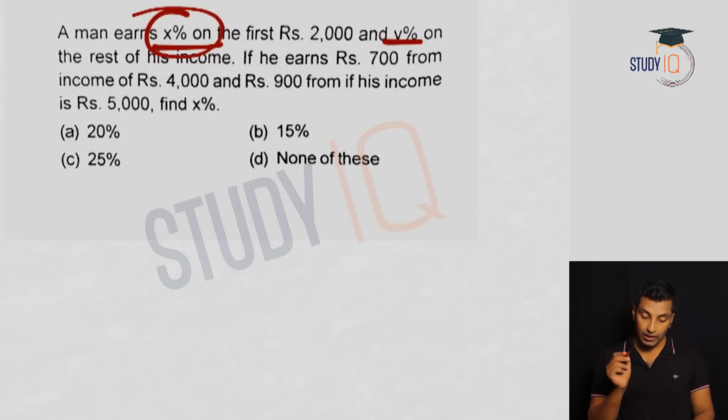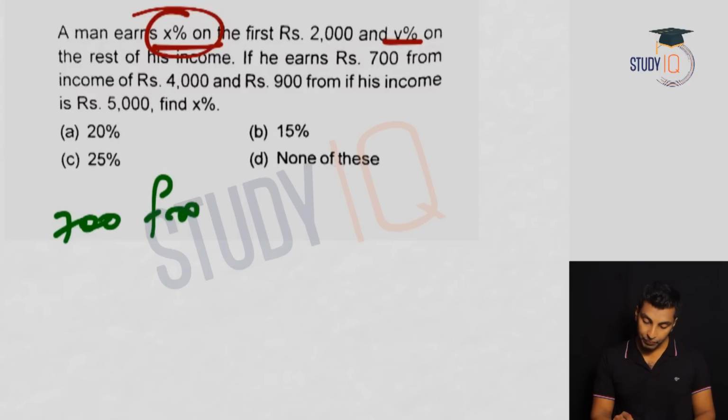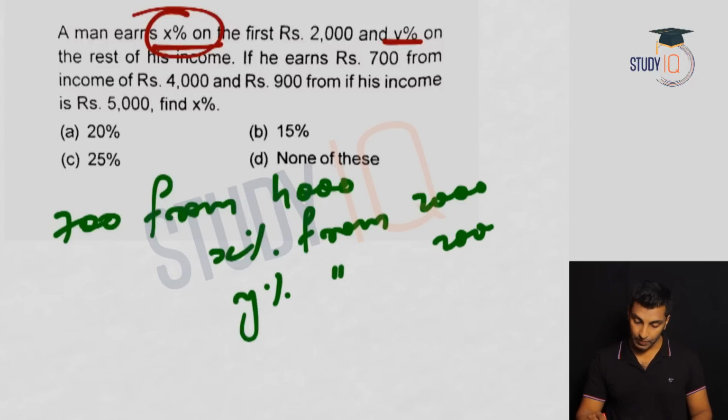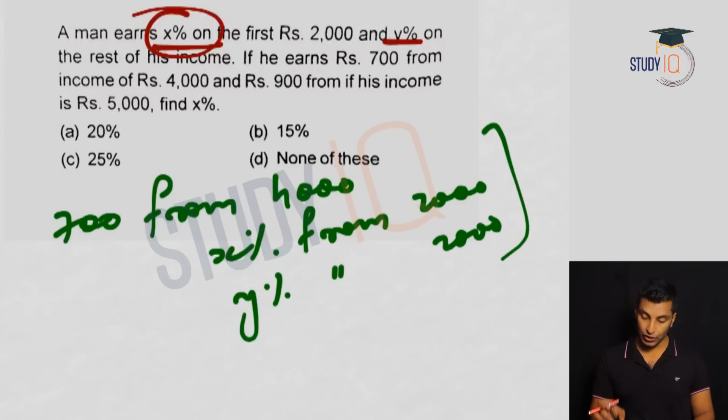See, he is earning 700 from 4,000, right? So what does this mean? He is earning X percent from 2,000 and Y percent from the rest of the 2,000. This is the first story.